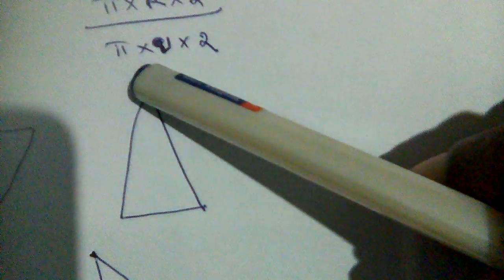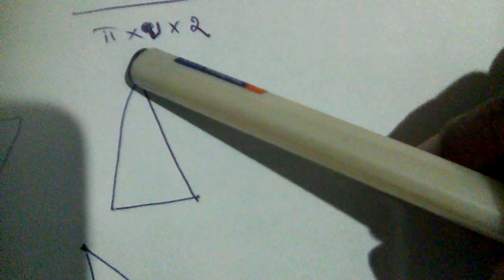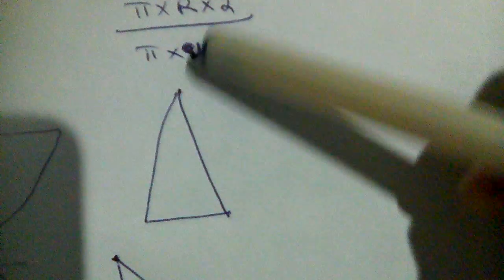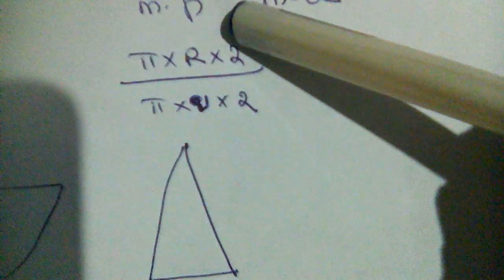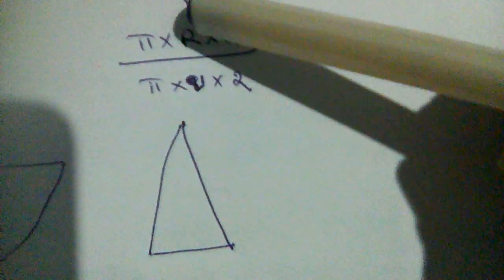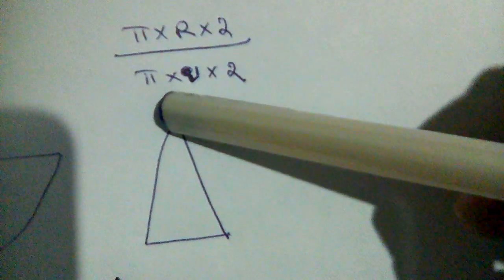It won't be this kind of cone. If it is this kind of cone, both lines are lengthy, and the base area, the diameter area, is very small. So for pi into r into 2, for finding out this r, we will use this r.